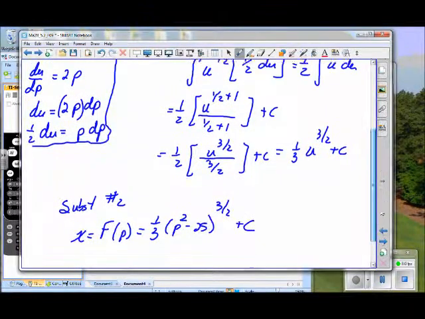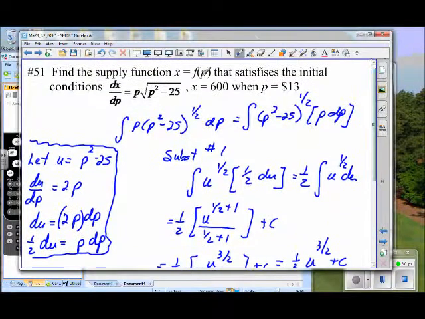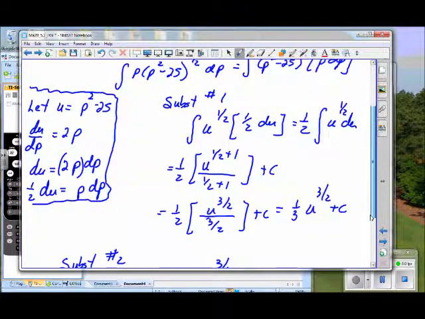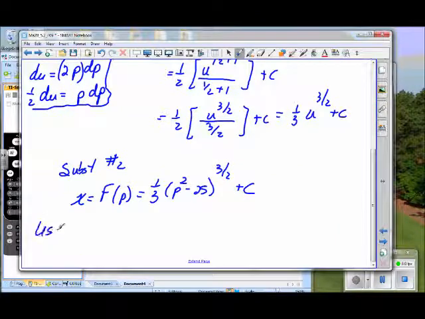Now, we are given some information. Well, we're told that x, which is the output, is 600 when the input is 13. So we're going to use then the pair of numbers where the input is p, the output is x, and we know that when the price is 13, the supply is 600.